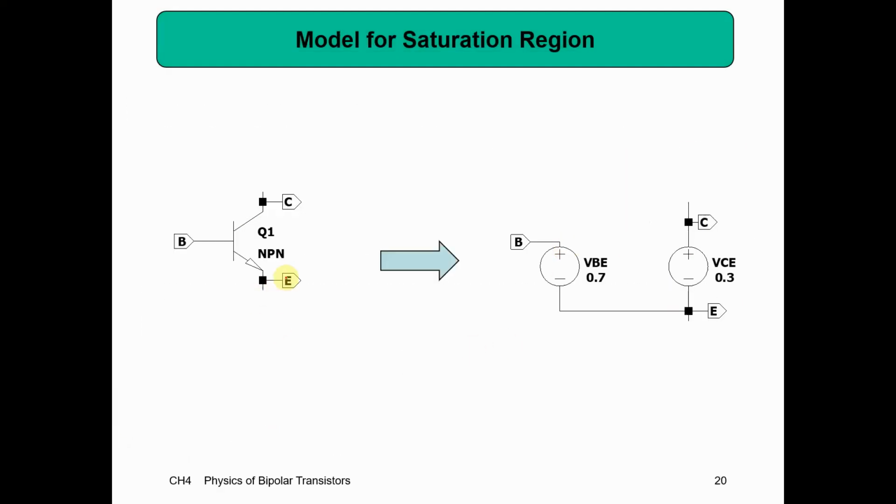And so what we end up doing is, if we're in saturation, then we're going to replace this transistor with two voltage sources. So these are going to be our constant voltage diode model. Between the base and the emitter, we put a 0.7 volt source, and for my collector to the emitter, I get a 0.3 volt source. So let's write these down. What do we mean by saturation? If VBE is greater than 0, so that means forward bias.